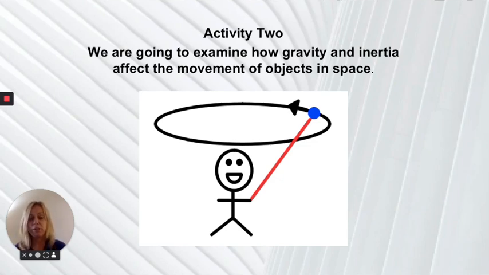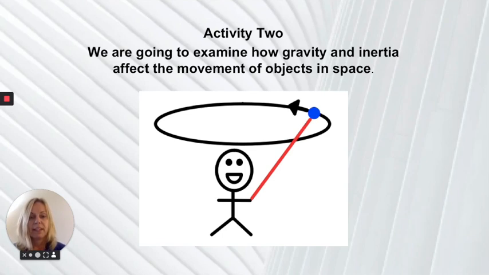Now, there's no need for you to do the spinning. You just simply stand in one place and you spin the ball around in a circle. If you do the spinning, you will get dizzy and fall down. We don't want that happening.